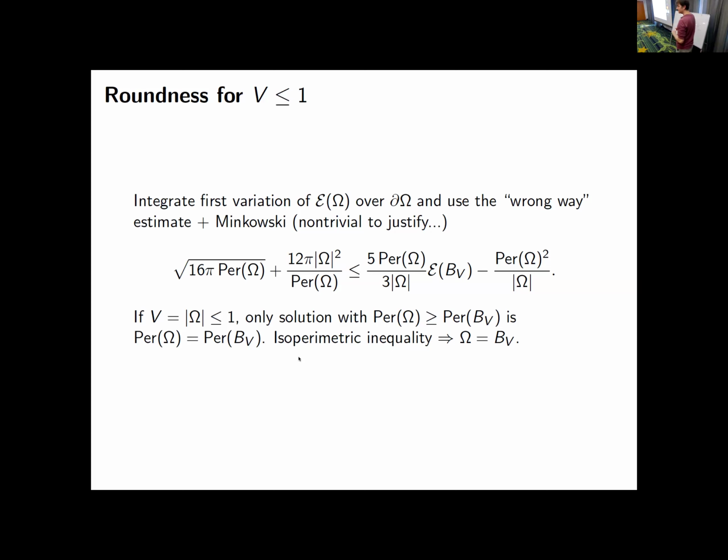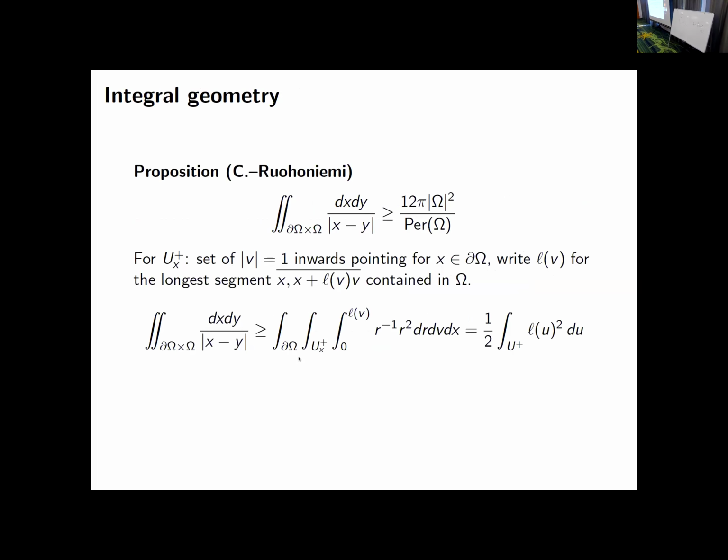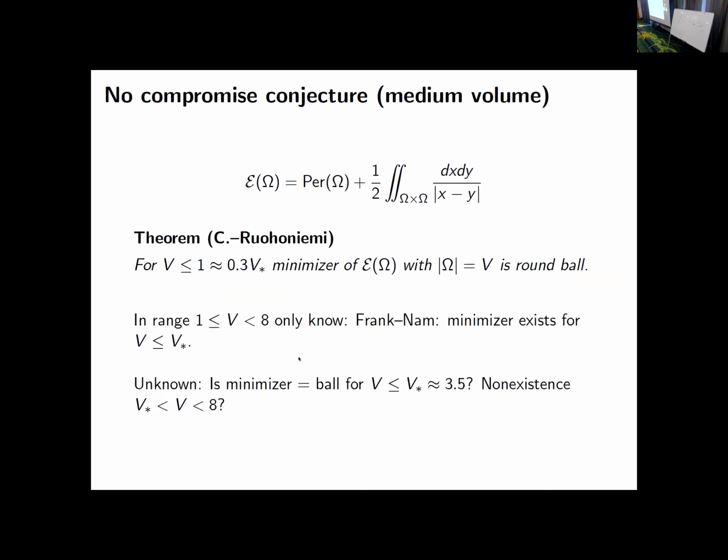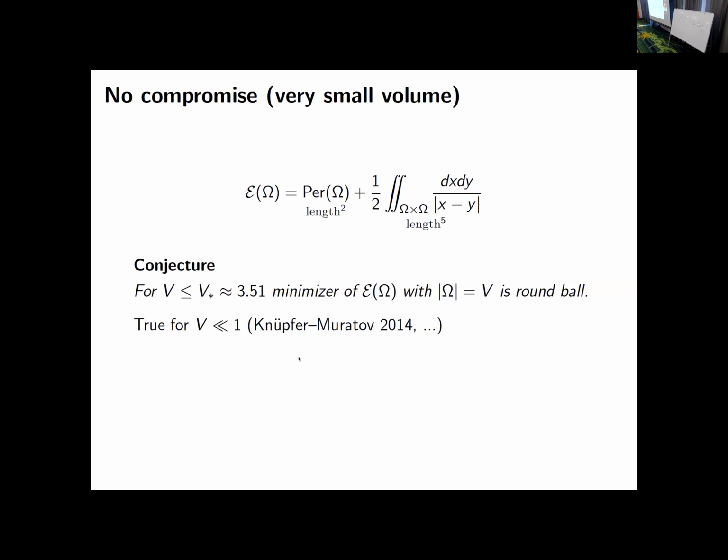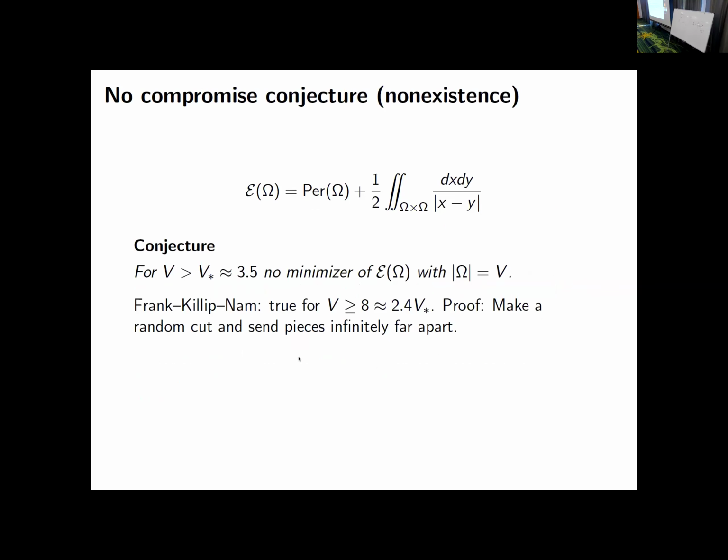Other questions? So, this minimizer: you say on some transparency that a minimizer always exists. Oh no. Let me see. It doesn't exist past volume 8. We know that.